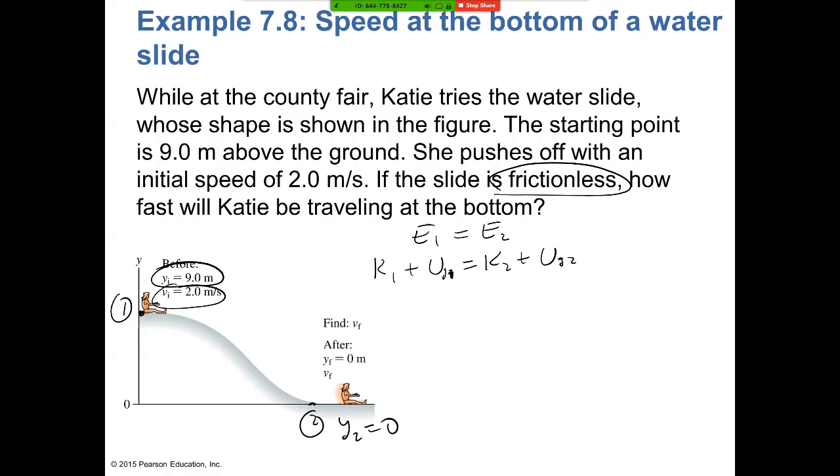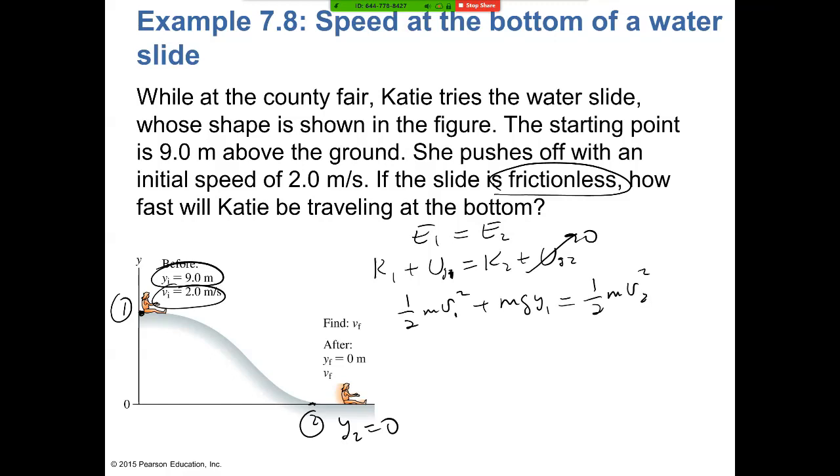Since the vertical position at point 2 is 0, I can cancel its gravitational potential energy, because that's my reference point.